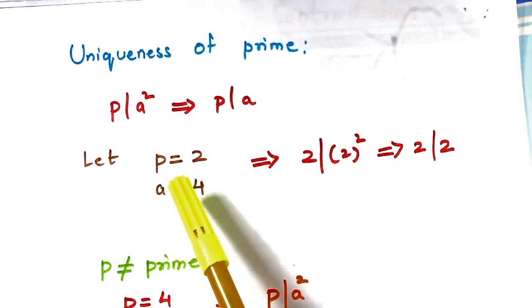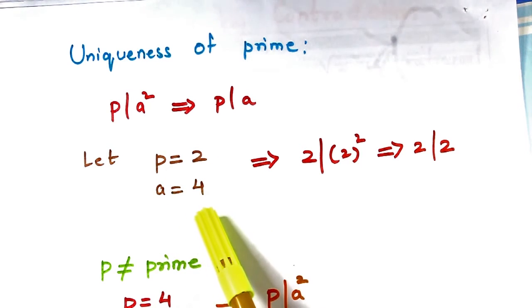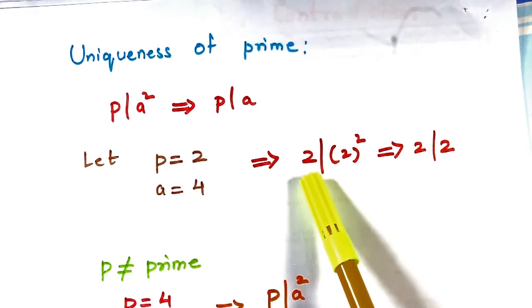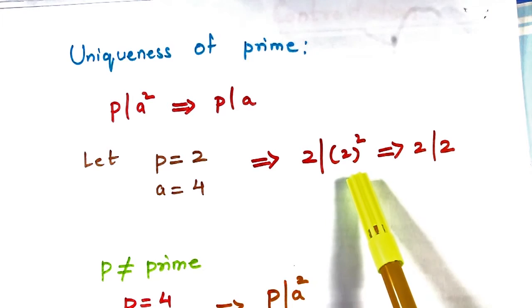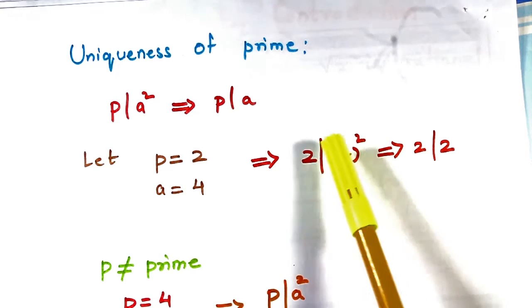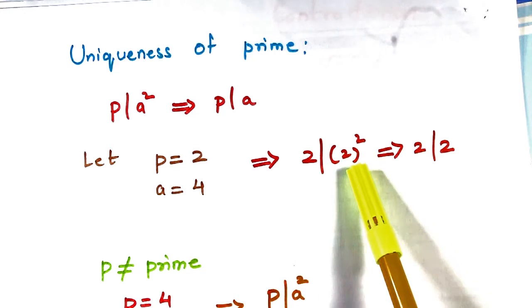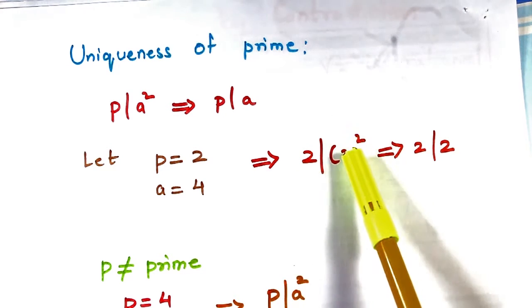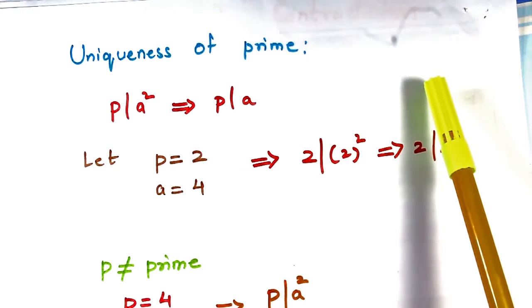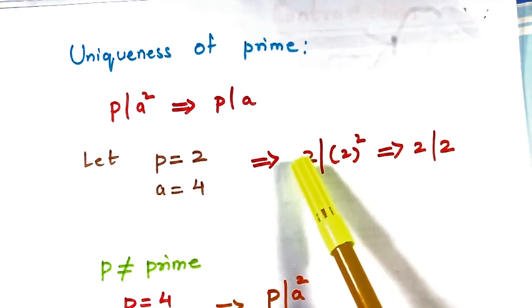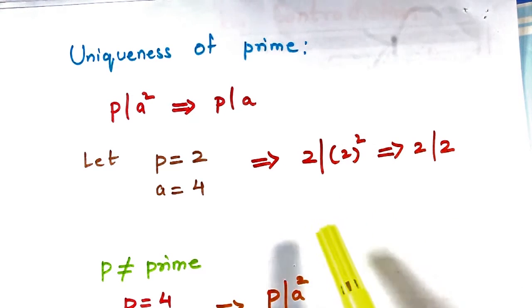Take an example over here, that is, we have p equal to 2 and a equal to 4. If, for example, 2 is dividing a square, that is 2 squared, that is 4. 2 divides 4, we know that 2 can divide 4 because 4 has the factor of 2 in its prime decomposition.